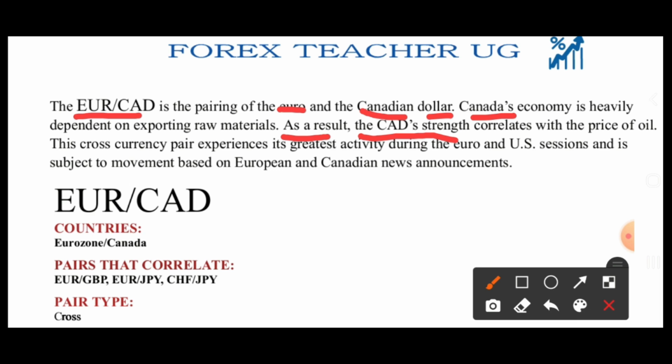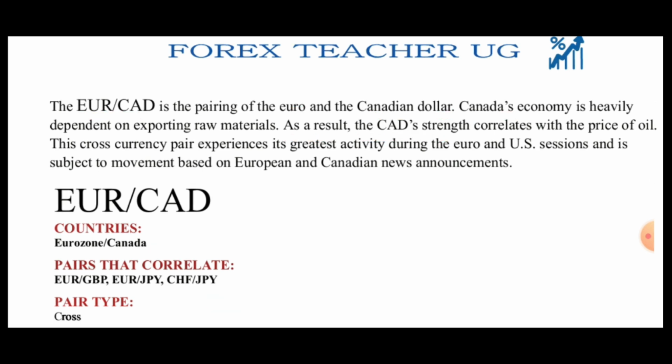This cross-currency pair experiences its greatest activity during the euro and US sessions, and it's subject to movement based on European and Canadian news announcements. The countries are the eurozone and Canada, and they correlate with Euro GBP, Euro JPY, and CHF JPY, and the type is a cross pair.